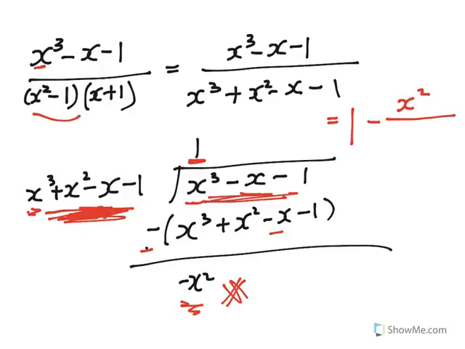Instead of writing it in the factored form, let's write it back in the expanded form, so that it will be convenient for us to do partial fractions later. This is expressing our function in terms of partial fractions.